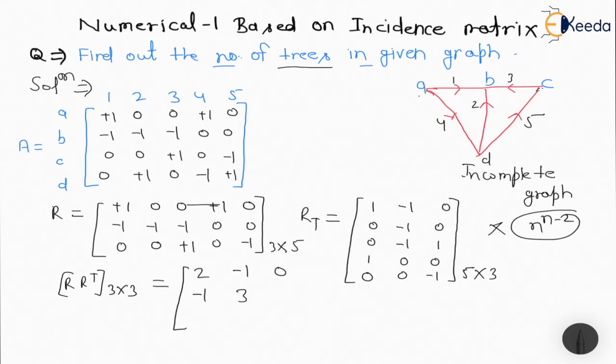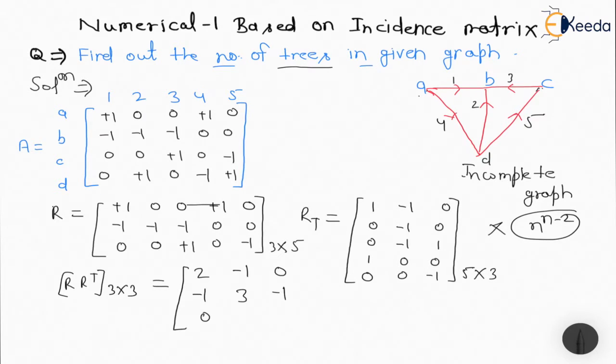Again second row, third column: 0, 0, minus 1, 0, 0, so it will be minus 1. Then the third row, first column, which will be 0.